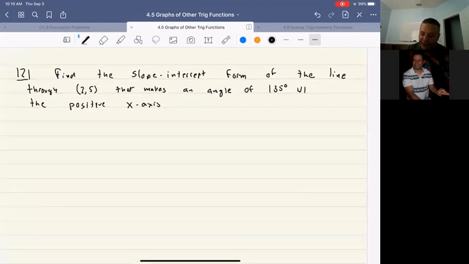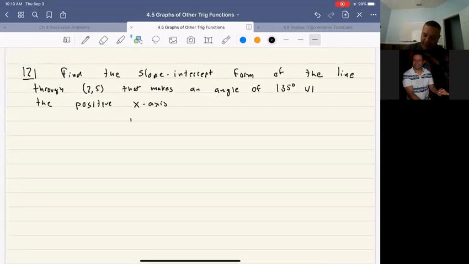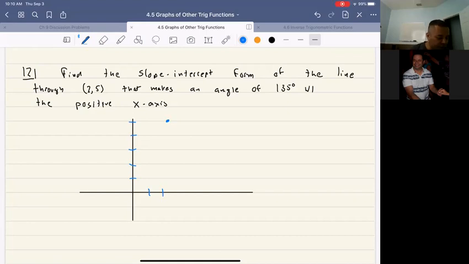Okay, so what's going on here? We've got a point, (2, 5). It makes an angle with the x-axis. We don't know exactly where it crosses the x-axis, but it crosses somewhere.